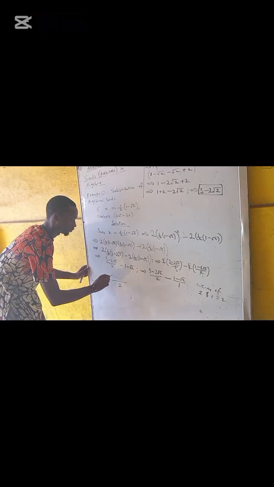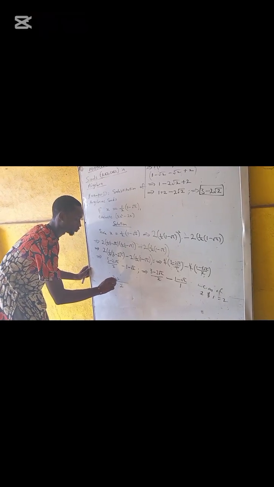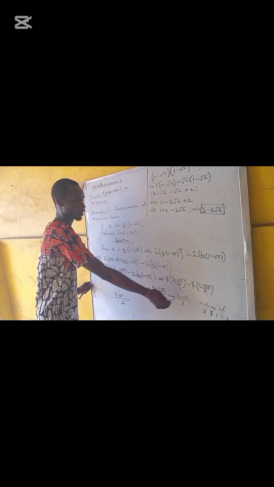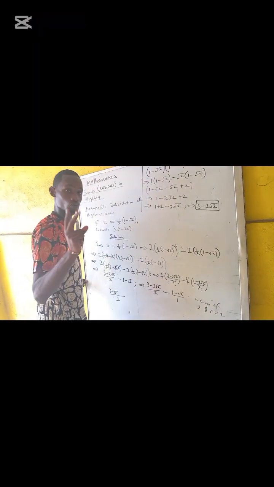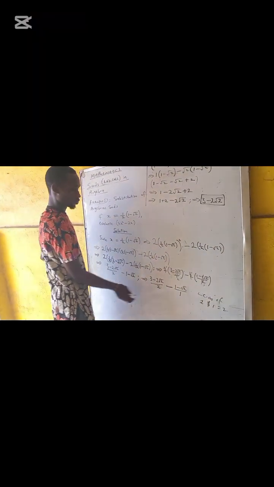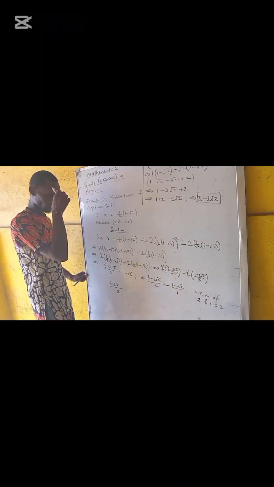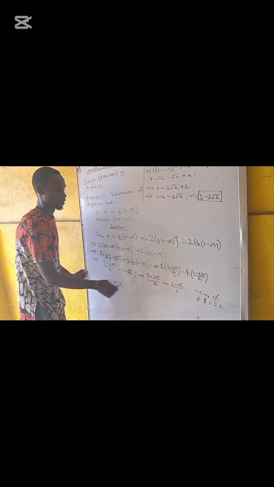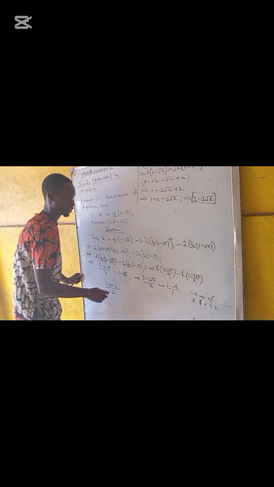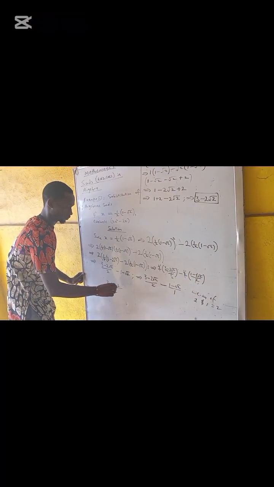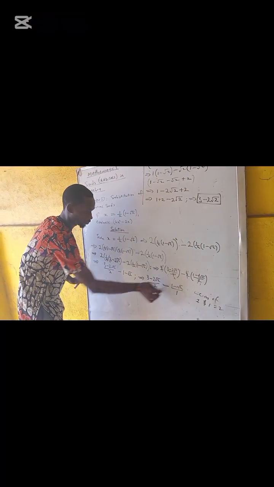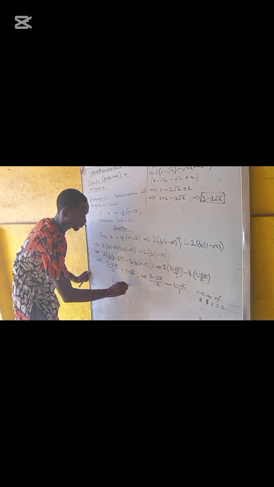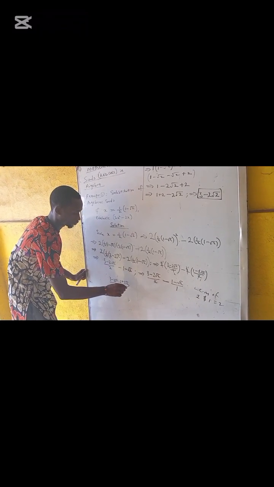So we are having 3 minus 2 root 2. And this divided by the denominator here is giving us 2. So 2 times this 1 is giving us minus 2. And 2 times this, the minus here multiplies, giving us plus 2 root 2.